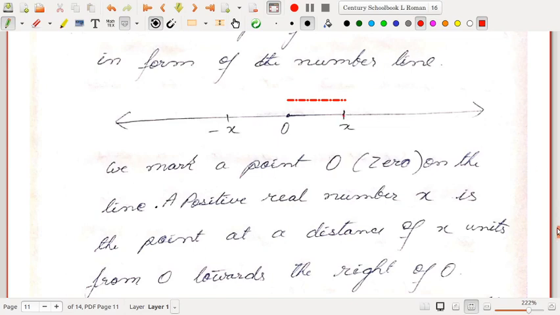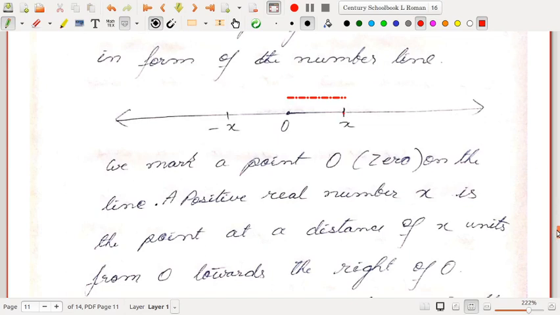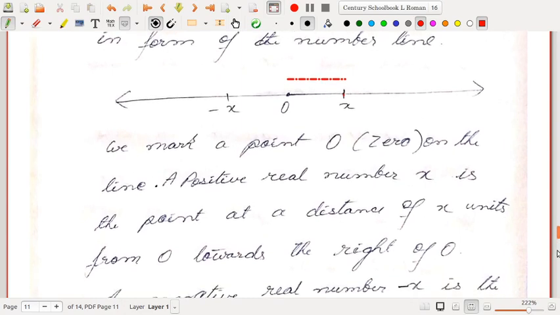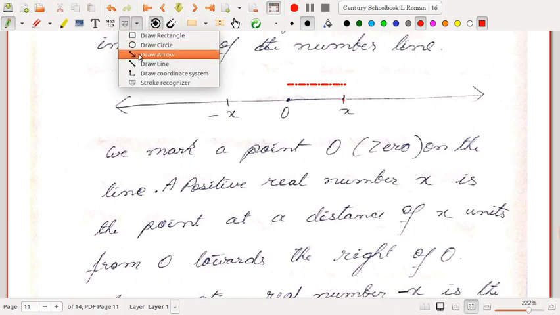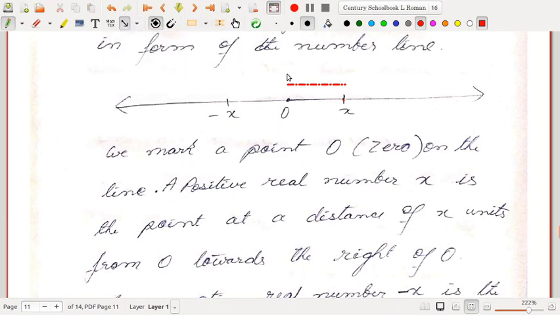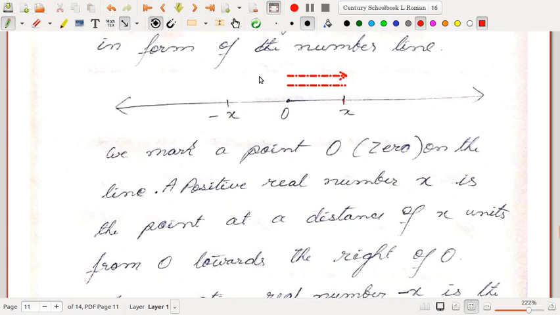So a positive real number x is the point at a distance of x units from origin, towards the right of origin. If we travel towards the right of 0, we get positive real numbers. If we travel towards the left of 0, we get the negative real numbers.